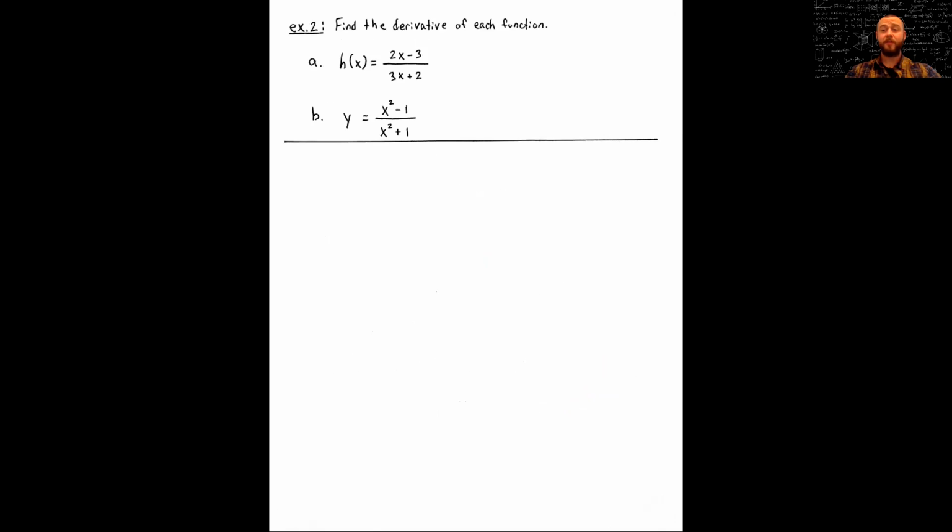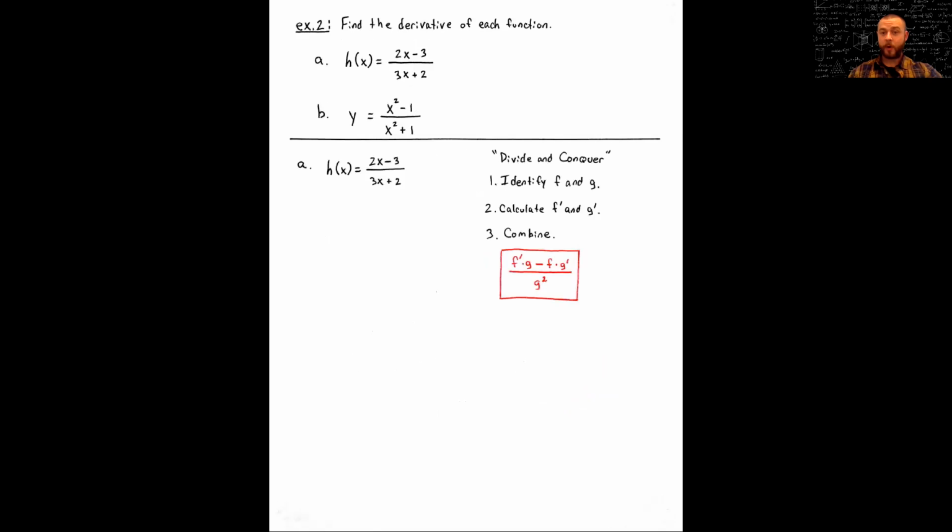Okay, now I feel somewhat confident that some of you get the hang of how divide and conquer works for the product rule. You can also apply divide and conquer for the quotient rule. Notice here in example 2, both functions in part A and B are quotients, they're fractions.